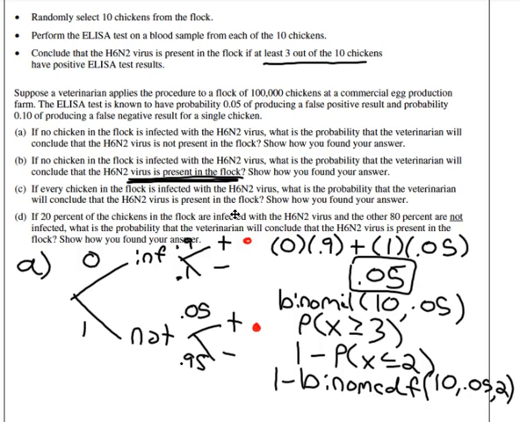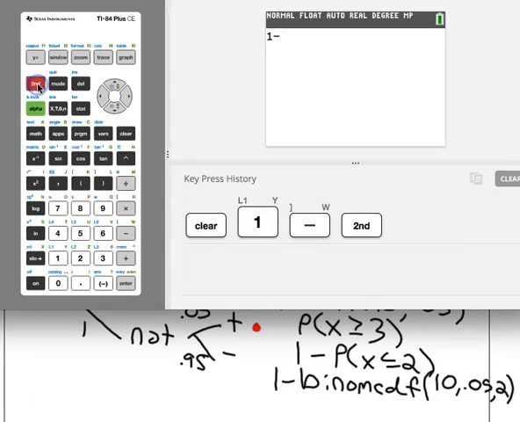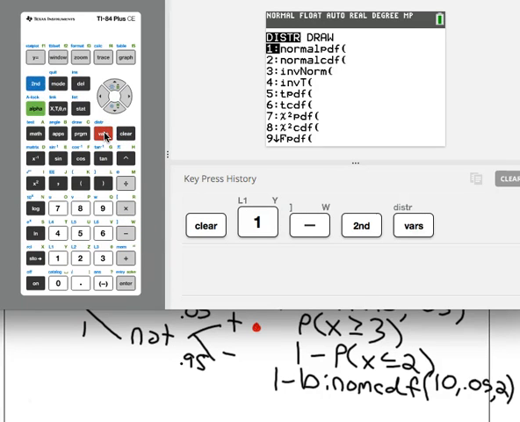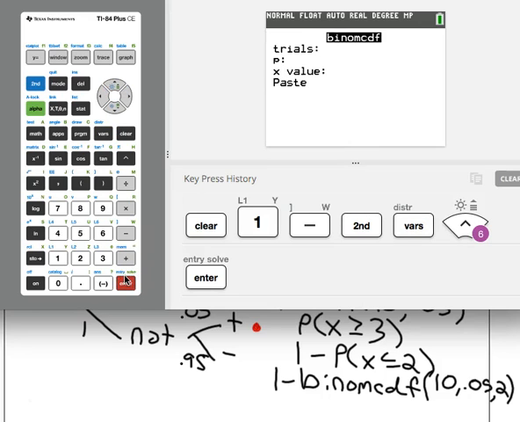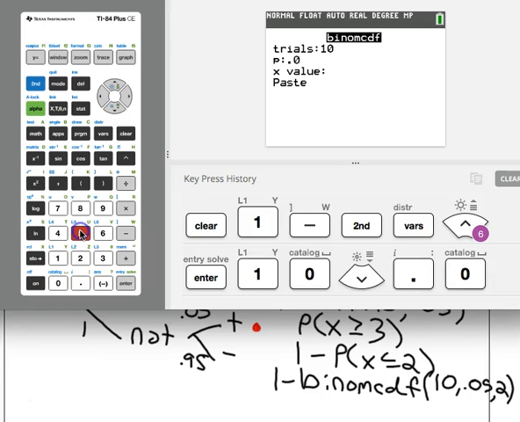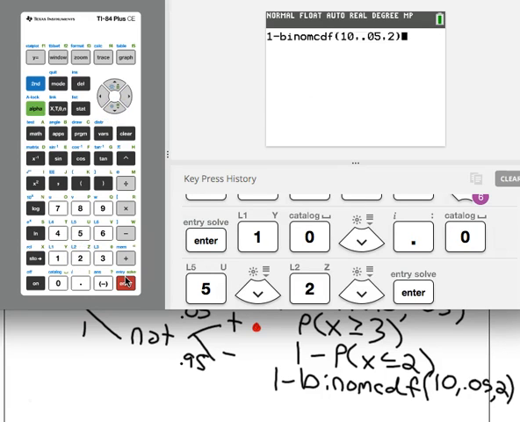So the probability that he's going to find that it is present, well, let's go type that in, shall we? So 1 minus, I can type that in. Now, if I go into distribution, remember that is where binom CDF is, okay? So we have 10 trials, probability 0.05 of success, and we're looking for 2 or less, okay?